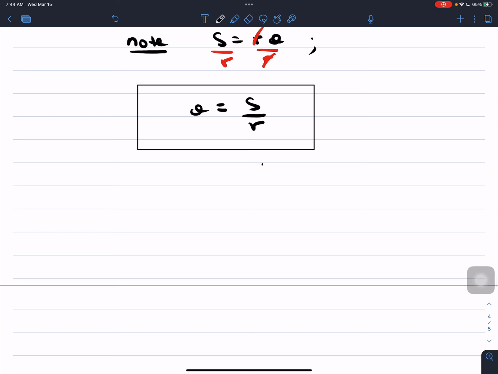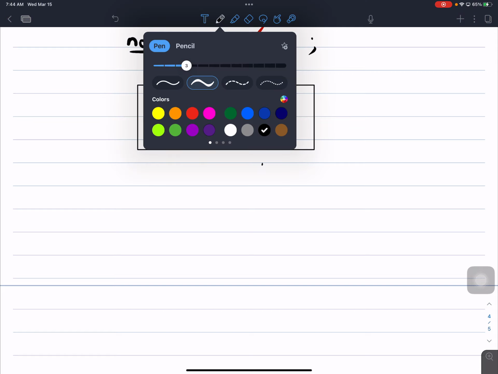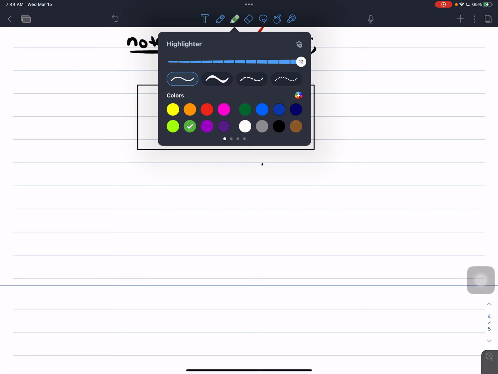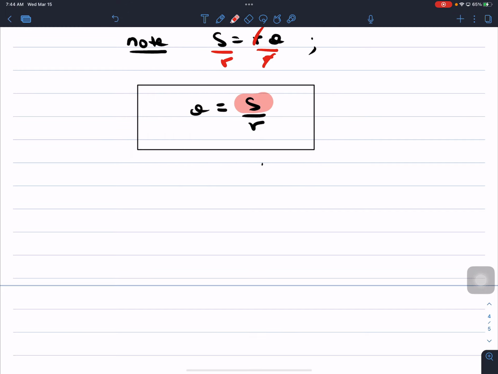Okay? Now, you might say, Mr. Judge, what is this? Well, notice something here, right? S is arc length, isn't it? What's the r? Radius. Both of these are real numbers. Is that true? Arc length is a real number. Radius is a real number. What happens when you divide two real numbers?